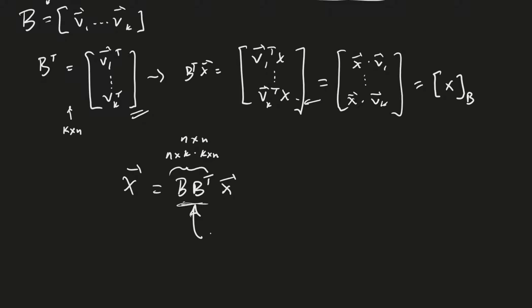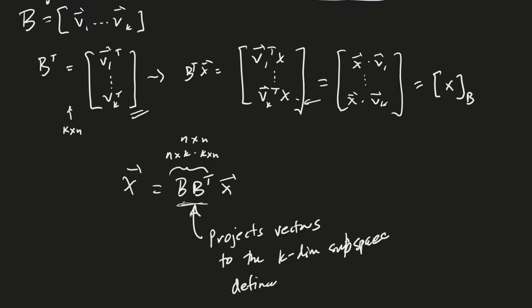This is a projection matrix, which projects vectors to the k-dimensional subspace defined by the orthonormal vectors in B. By that I mean those are the basis vectors, the columns of B.